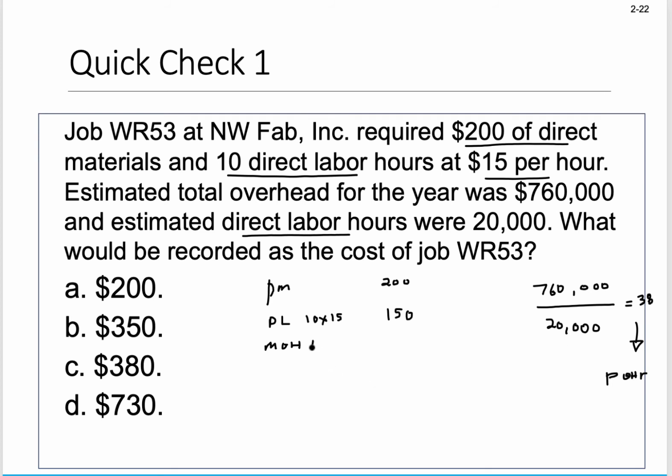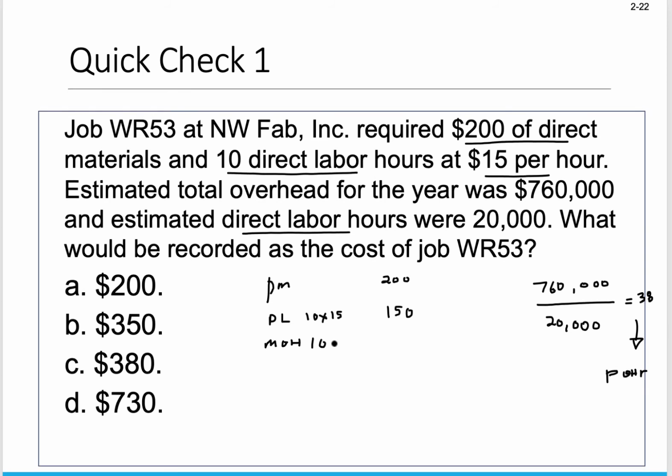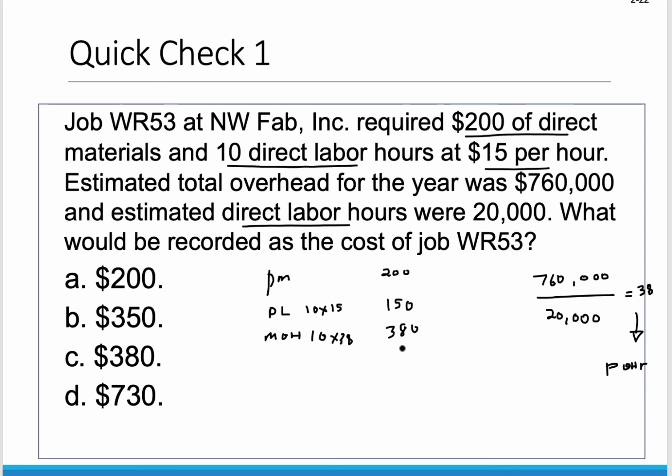So we take our 10, which is the direct labor hours incurred for this job, times 38, we get 380. So to figure out what the total cost is for this job, we just add up direct material, direct labor, and manufacturing overhead. And if my math is correct, we should get 730.